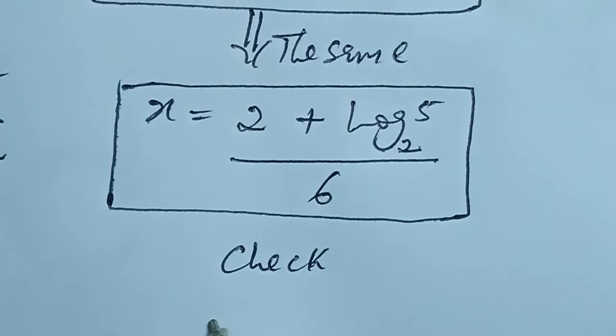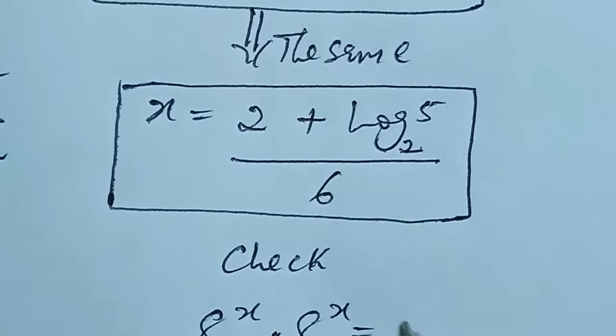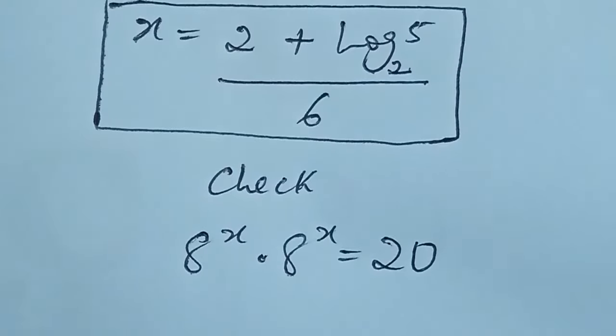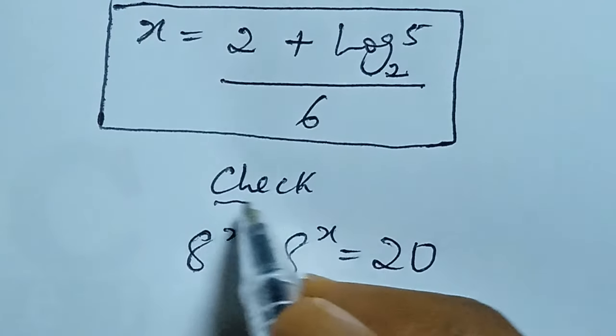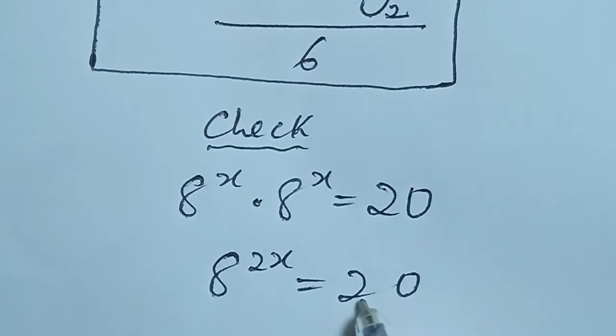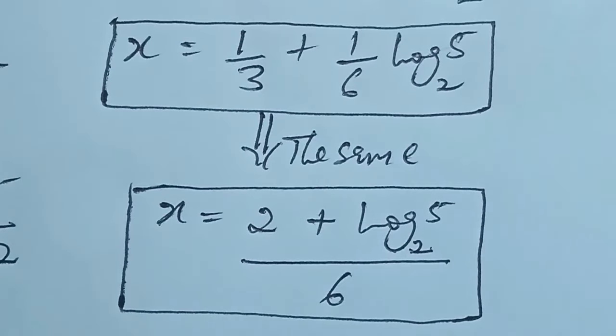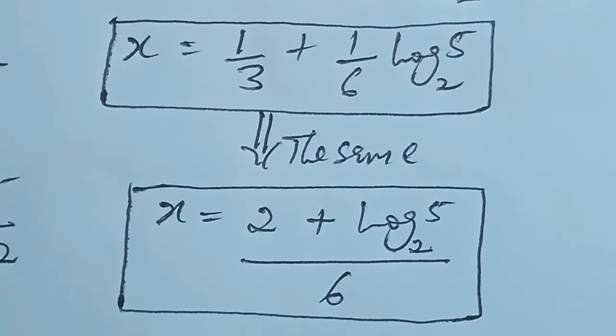So from our question, 8 to the power of x multiplied by 8 to the power of x equal to 20. So this is simplified as 8 to the power of 2x equal to 20. Now we can insert our value of x. Whichever one we take out of these two, we should definitely arrive at the left hand side equal to the right hand side.